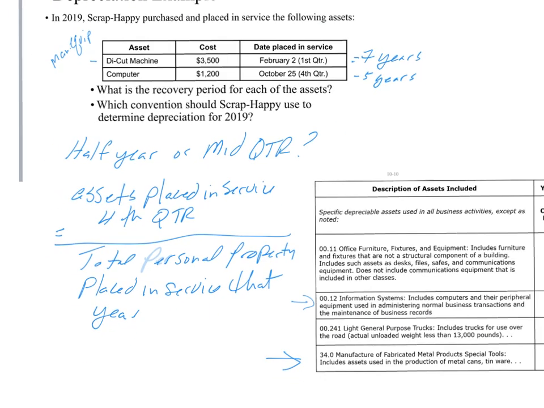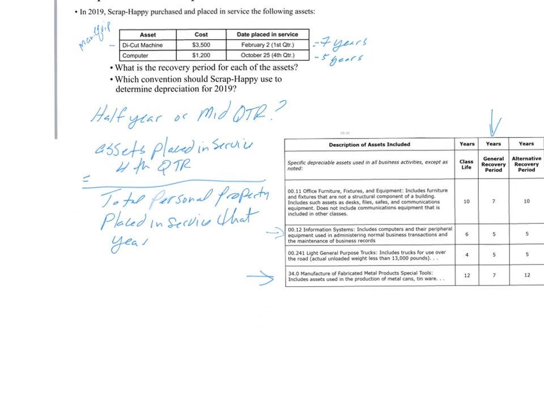All right, so I'm going to resize this and do the math on that. All right, so what do we have? Well, we know that they placed that computer in service in the fourth quarter, and total assets placed in service is the 3,500 plus the 1,200. All right, so that's 1,200 over 4,700, and what do we get?